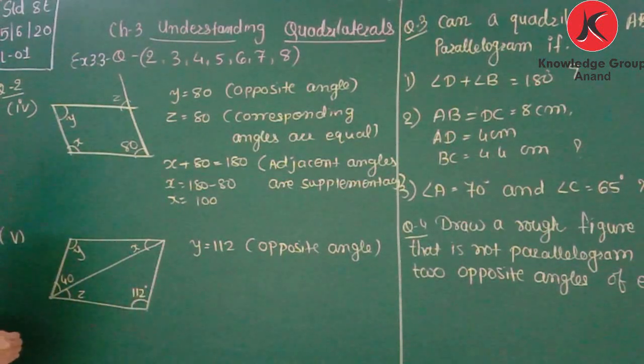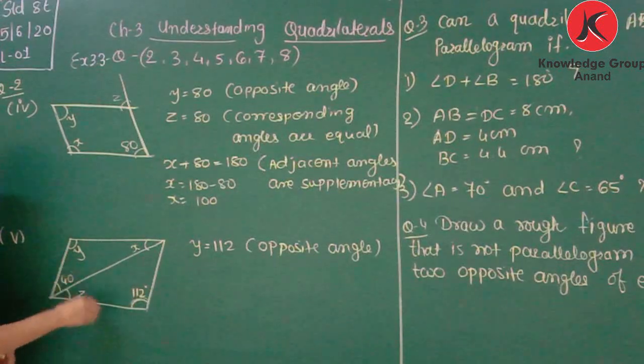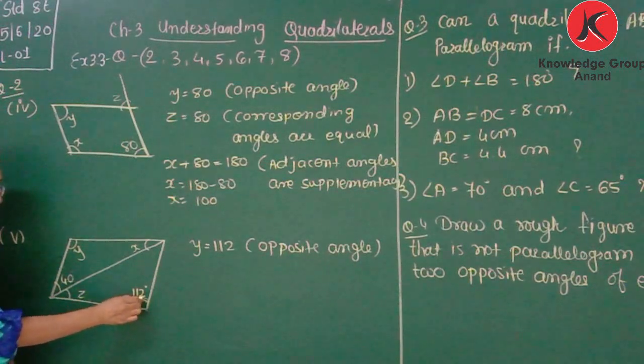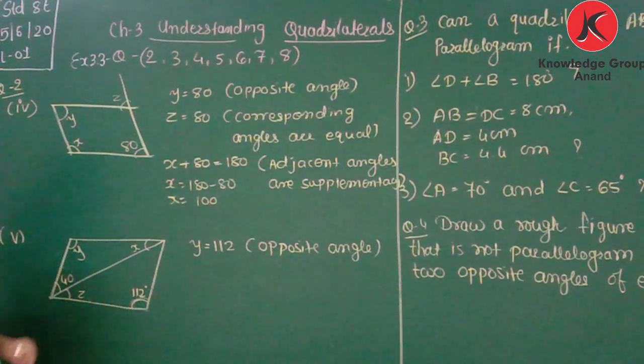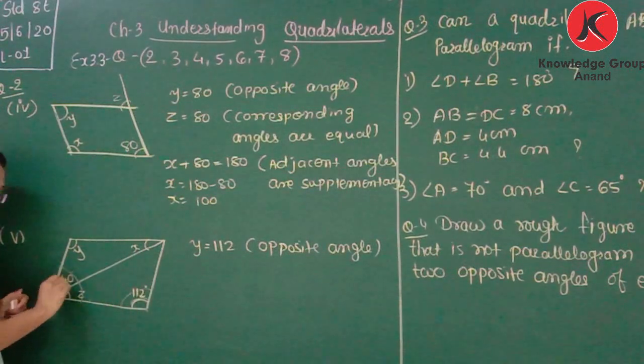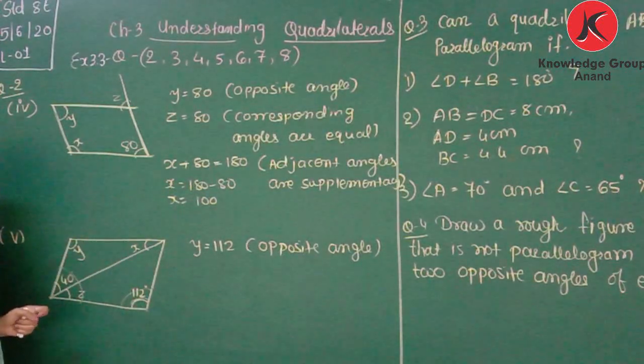જે રીતે કરવું હોય એ રીતે થાય. કેમ કે this angle and these angles are supplementary, so you can write 40 plus z plus 112 is equal to 180. આ આખો એંગલ કન્સિડર કરીએ અને આ એંગલ બંને એડજેસન્ટ એંગલ છે. What is this angle? 40 plus z and this angle is 112. So addition of these is 180.